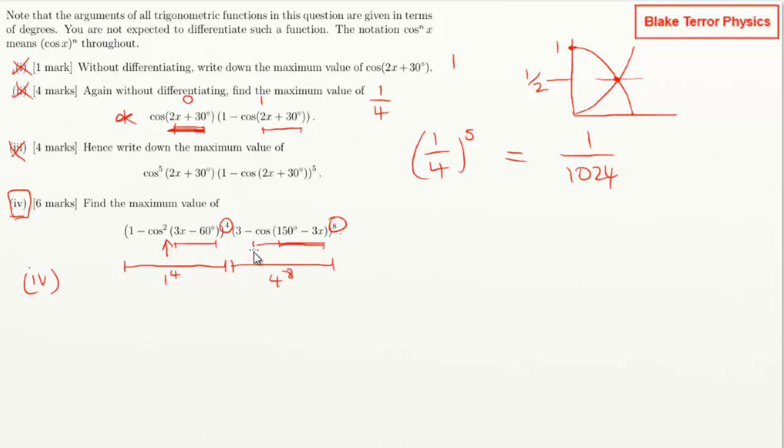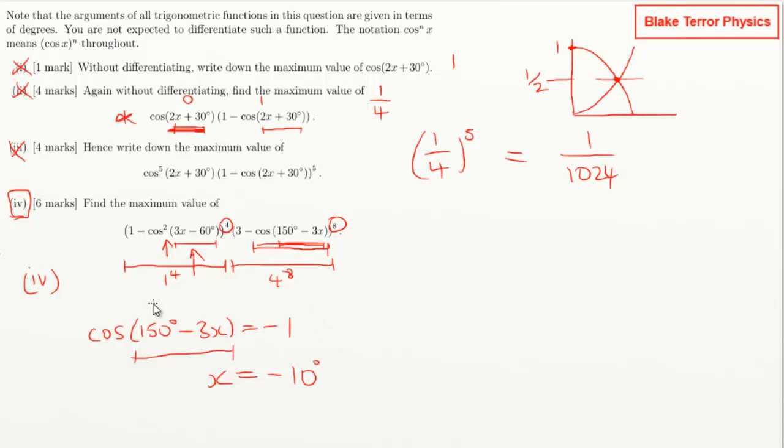If we wanted cos(150 degrees minus 3x) to be equal to minus 1, that means 150 minus 3x is equal to 180, which means x is equal to minus 10 degrees. So if we put minus 10 into the cos squared bit, we get cos squared of minus 90 degrees, which is indeed 0.